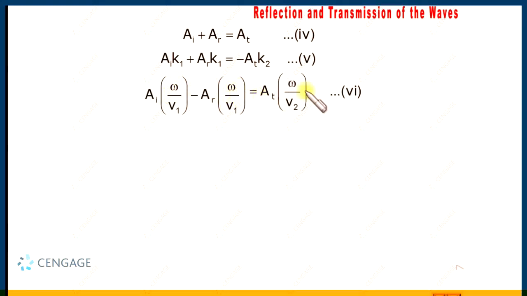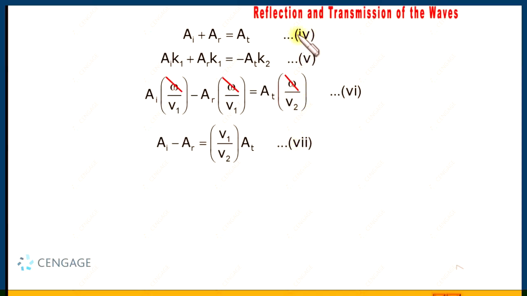Now, this omega will get cancelled, and finally we have AI divided by v1 minus AR divided by v1 equal to AT divided by v2, right. And if we multiply by v1, this equation can finally be written as AI minus AR equal to v1 by v2 multiplied by AT. Let this be equation number 7.